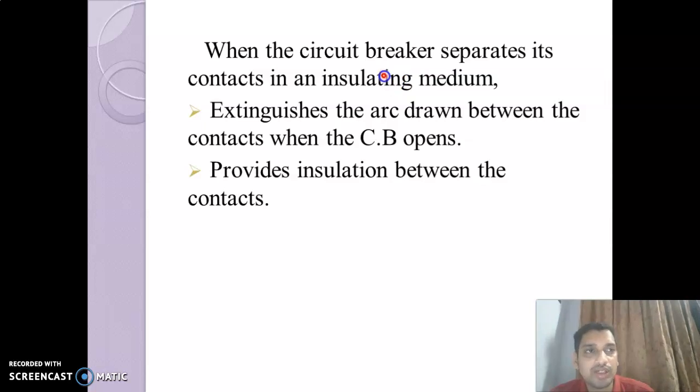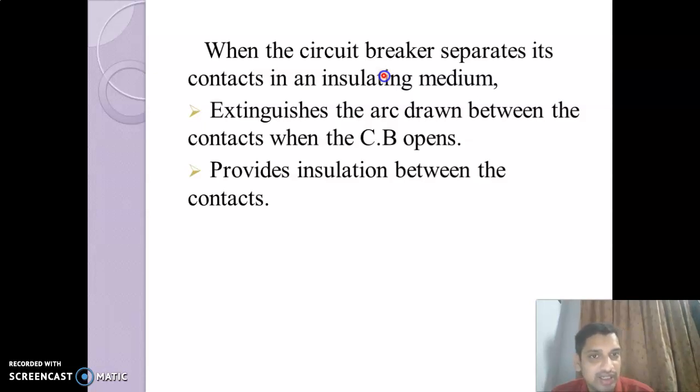Once the contacts separate, an arc is struck between the two contacts. This arc is a low resistance path for current flow, so the contacts get separated and an arc is struck between the contacts.